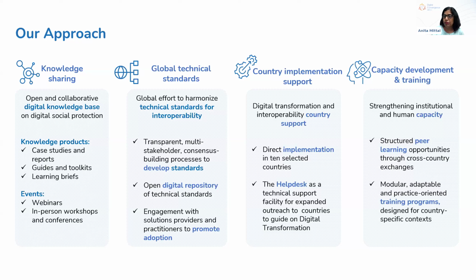And the final, but not the least important aspect is capacity building and training. How do we implement this digital transformation? ILO, our partner, is leading these learning opportunities and also peer learning through other workshops on how we can implement digital transformation. This will also be provided as an e-learning platform subsequently.